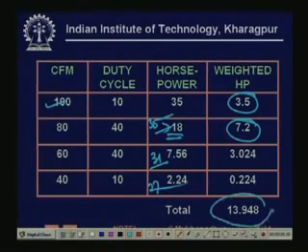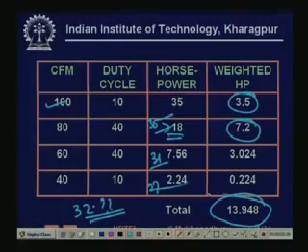So, now the average horsepower requirement is much lower, where the previous one was some 32 point something. So, you can imagine what amount of power saving has been achieved, almost 20 horsepower, which is 14,000 kilowatt hours.